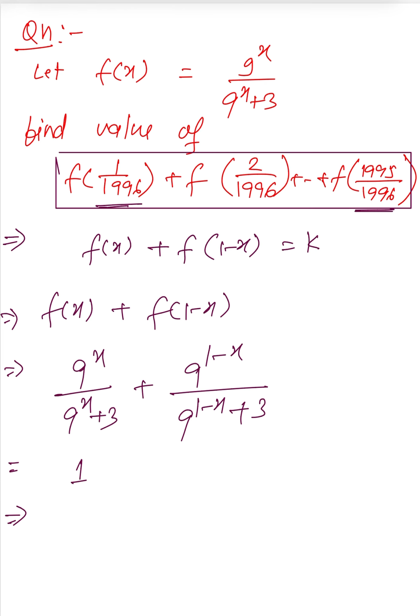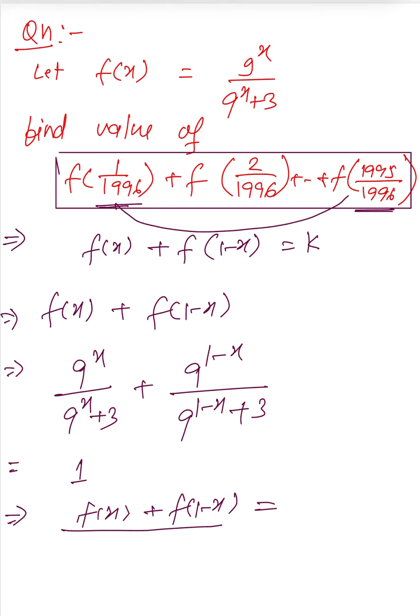Now from here you can see that if you take the first from the beginning and last from the end, these are of the form f(x) plus f of 1 minus x type. So if you combine these two, you will get f(x) plus f of 1 minus x. Similarly, we can combine first, last, again and again. So this type of combination will give value 1.